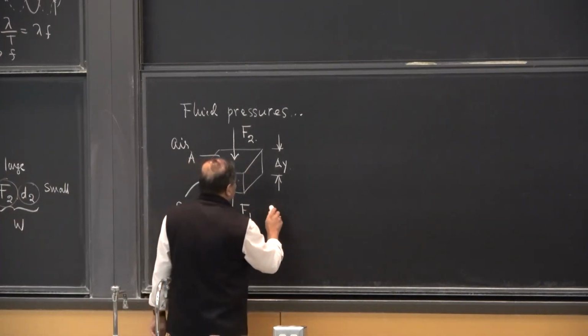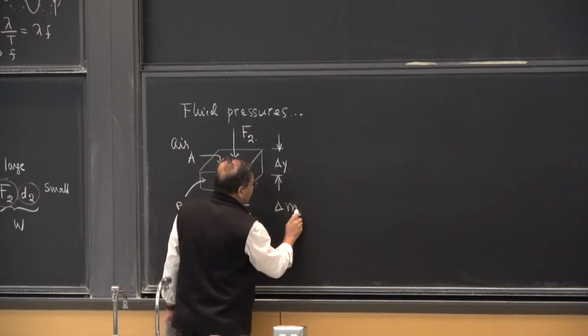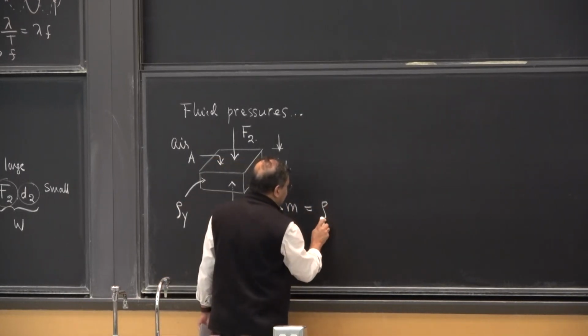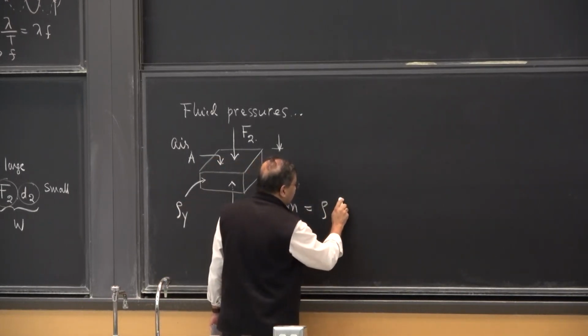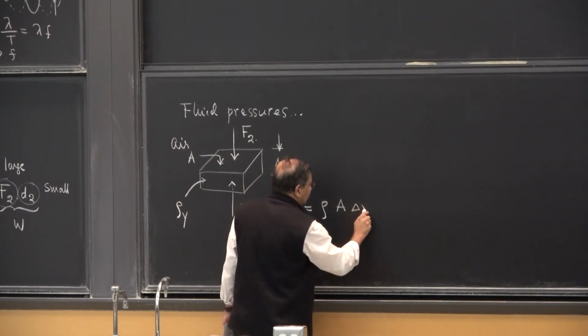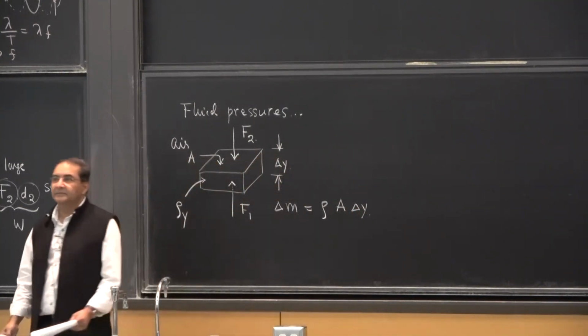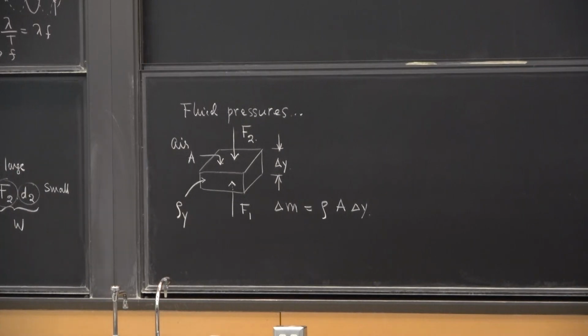So the mass of this slab, delta M, is going to be the density times the volume, and the volume would be the cross-sectional area A times delta Y. Right? Density times volume, that's what mass is.